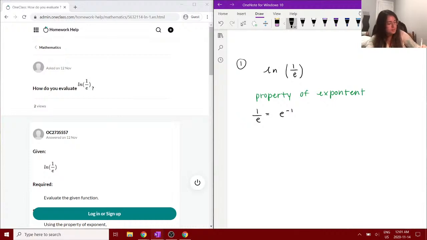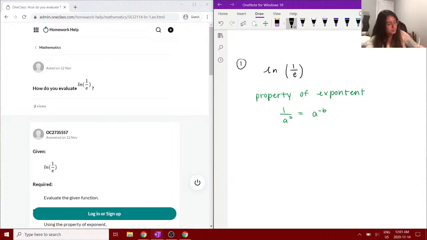Let me write down the full law first. So this property, if we have an arbitrary number a and an arbitrary exponent b, when you move this to the numerator, then it will become a to the minus b.